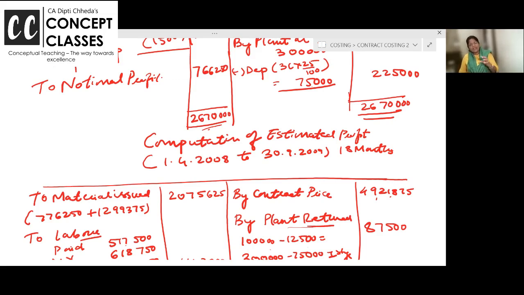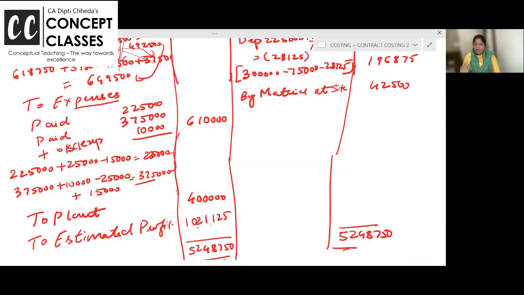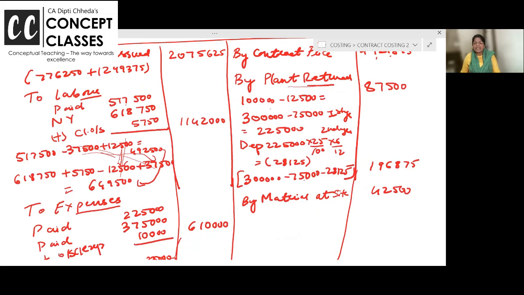Don't you think there is no technicality in contract account, like material, labor, overhead, formula, logic, analysis? No. So much analysis we did in the integrated add and less concept. This is straightforward accounts. Write debit and credit, profit comes, do the magic, finish. Yes. Anyone having any doubt? I am telling you my experience. Students make mistakes in this add and less.